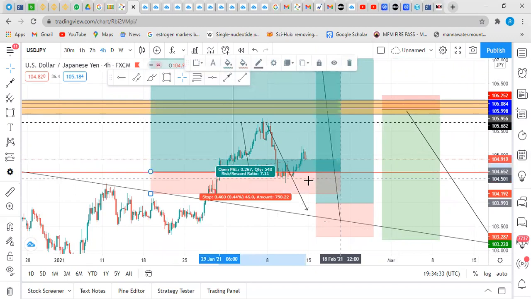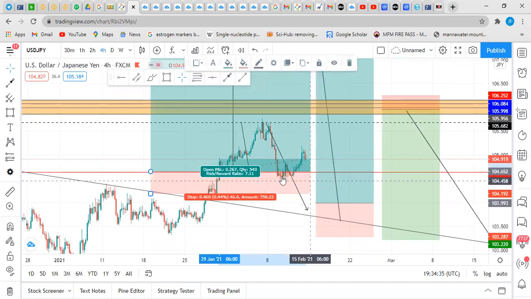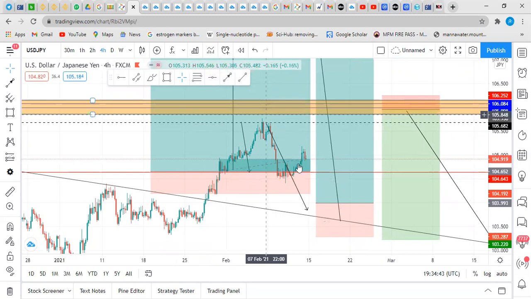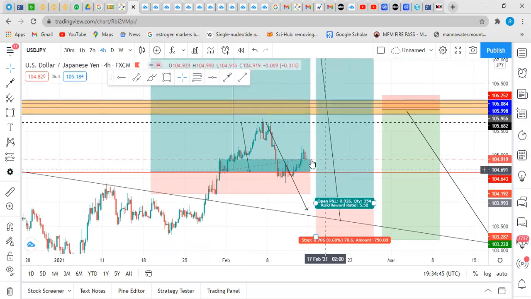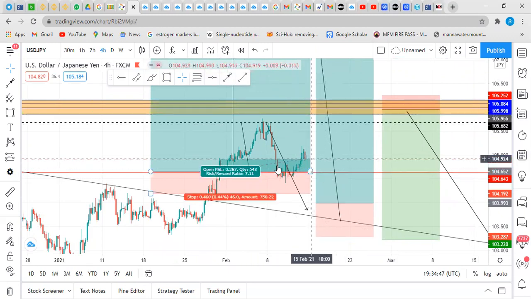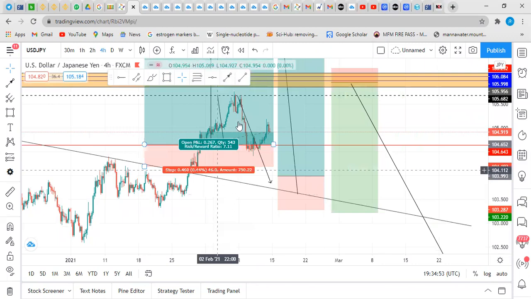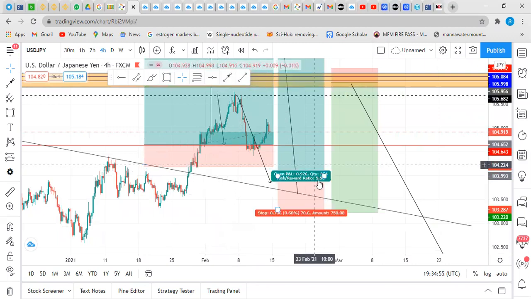You can see if I zoom it, if I expand it, that our first signal triggered here, and price went all the way up here and retraced back to this point. If the market should retrace all the way down to our stop loss, then our second entry point will be at this point.